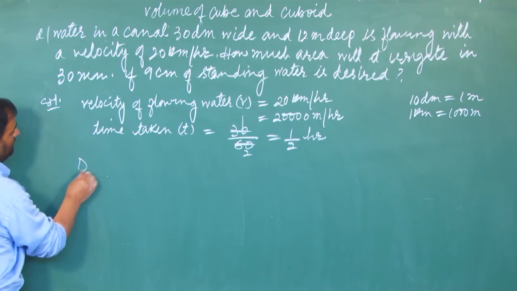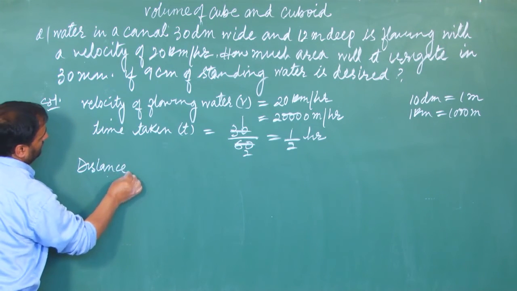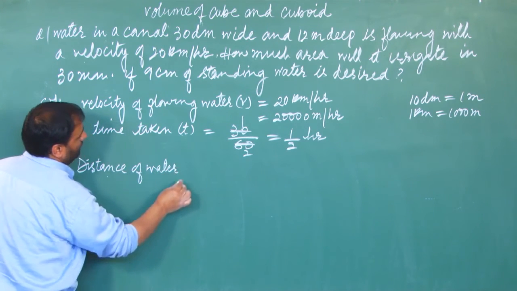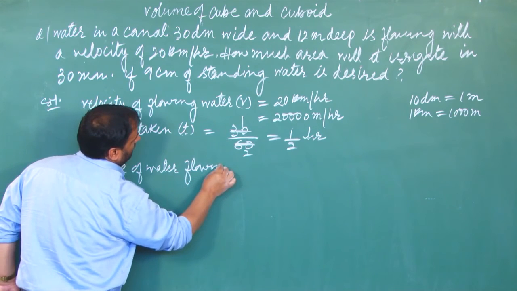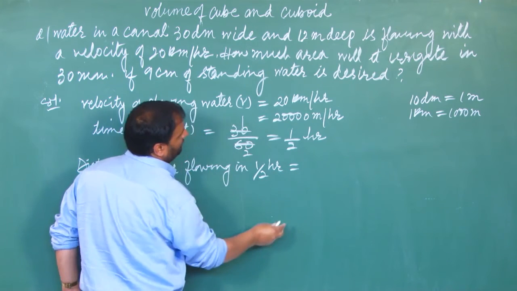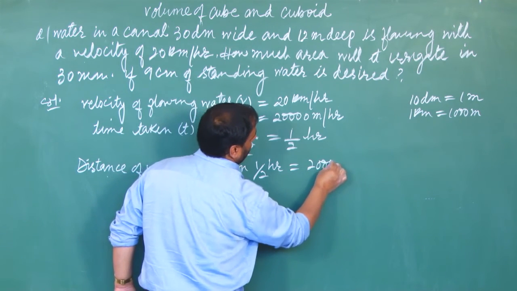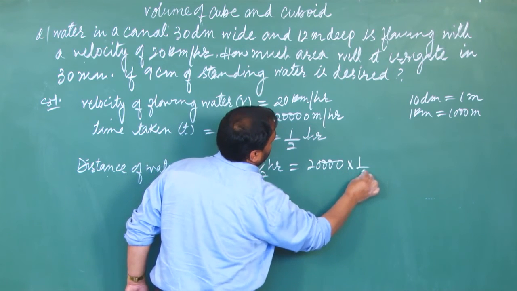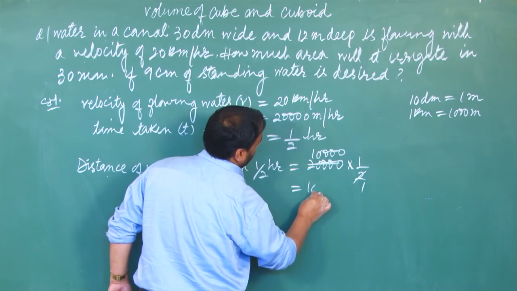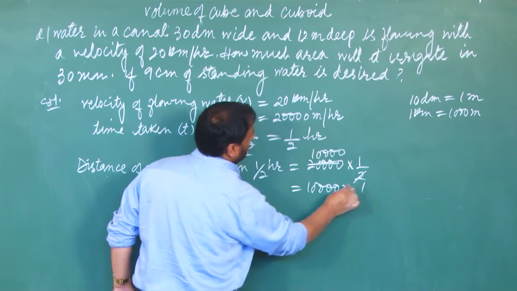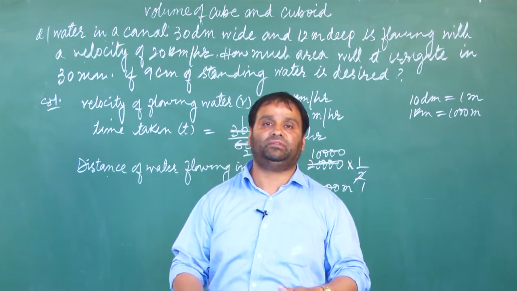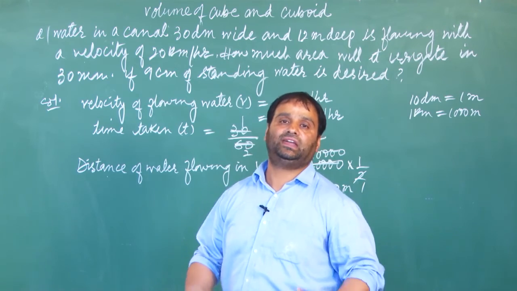So distance of water flowing in 30 minutes, 30 minutes can be written as 1 by 2 hour, that is 20,000 into 1 by 2, which is 10,000 meters. This 10,000 meters is to be taken as the length of the imaginary cuboid formed by the canal.